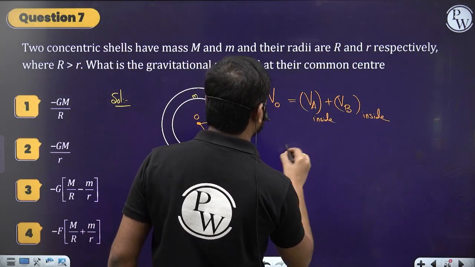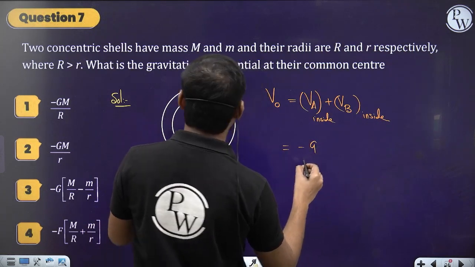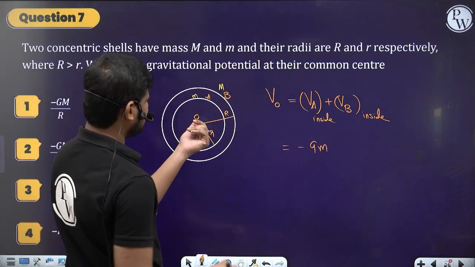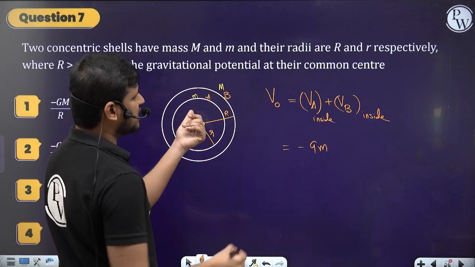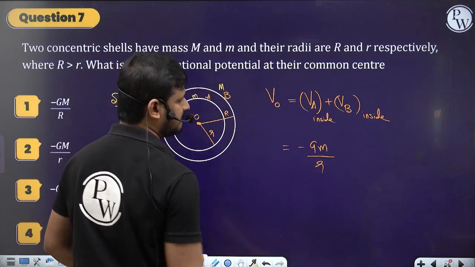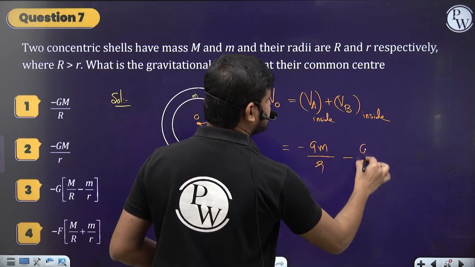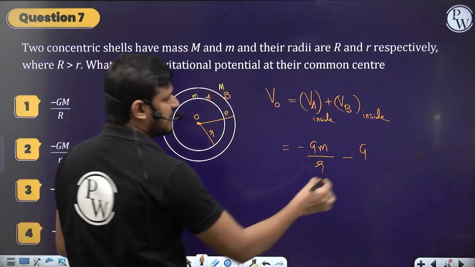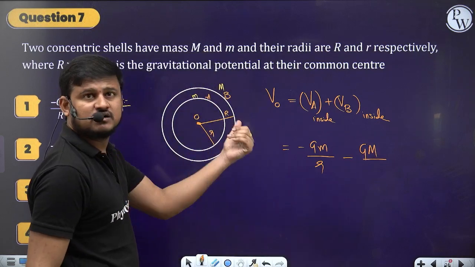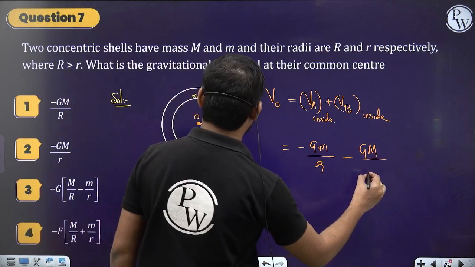So minus G, for shell A which has the mass small m. What is the radius of shell A? Small r. Shell B has the mass capital M. What is the radius of the outer shell? Capital R.